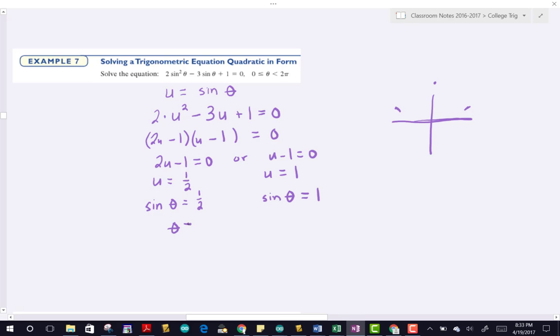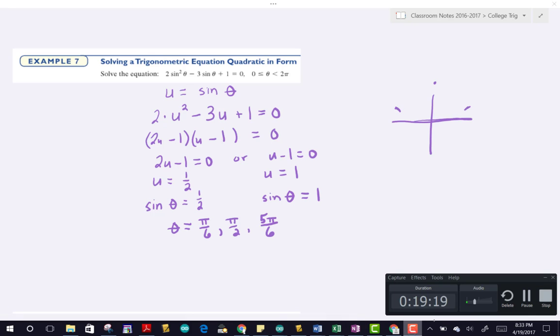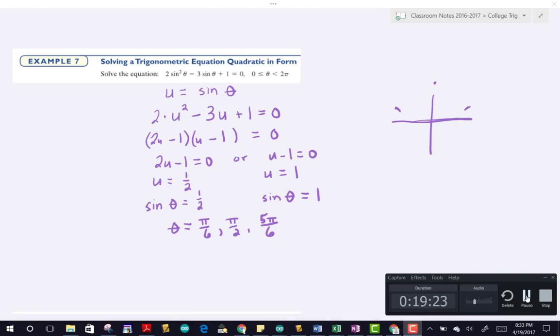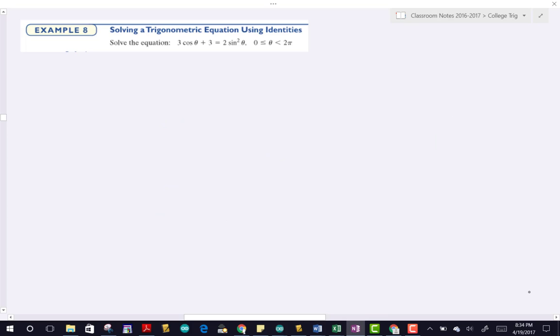So it looks like theta is going to be equal to pi over 6, pi over 2, and 5 pi over 6. I don't think there's any place else between 0 and 2 pi where sine is equal to positive 1/2. So that should be all of our solutions.